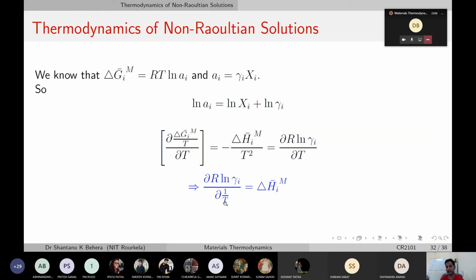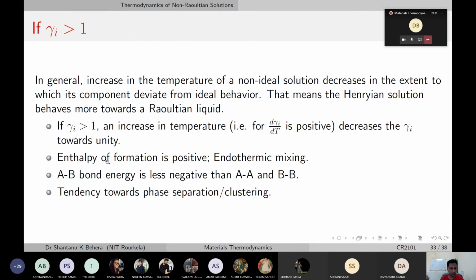You're talking about 1 by T. If you're increasing the temperature, this part is decreasing. This part is also decreasing. A decreasing part divided by a decreasing part is a positive quantity. So del H is going to be a positive quantity, and if del H is positive, that is an endothermic reaction. So that's what I'm talking about: the enthalpy of formation is positive.